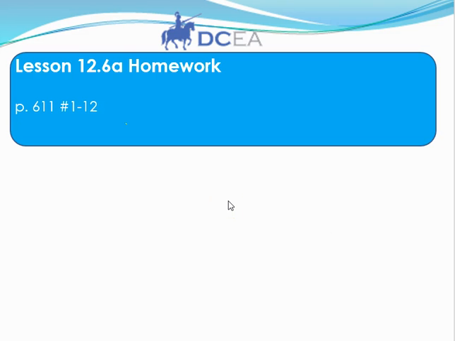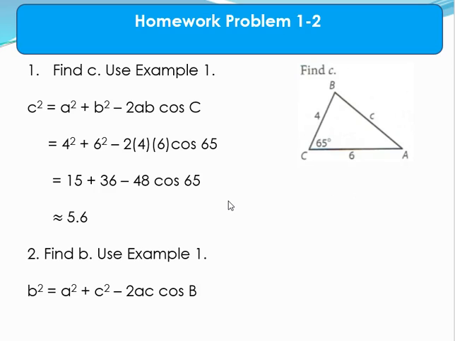Your homework lesson is problems 1 through 12, and I'm going to give you hints for all of them. So in homework problems 1 through 2, here's an example of number 1. We're looking for c. You'll note that we have the other two sides, and we have at least one angle in between the two sides.